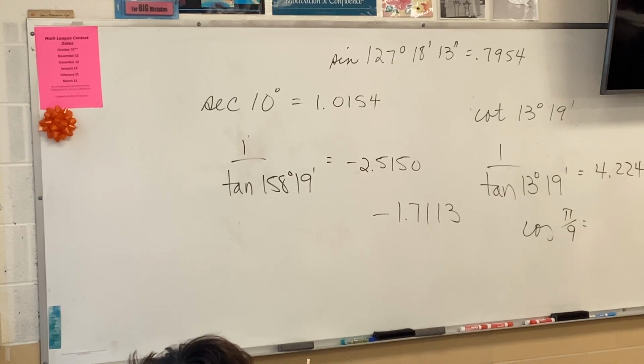What did you get, Kim? 0.9397, exactly right, thank you. If your calculator doesn't say 0.9397, double check to make sure you're in radian mode.